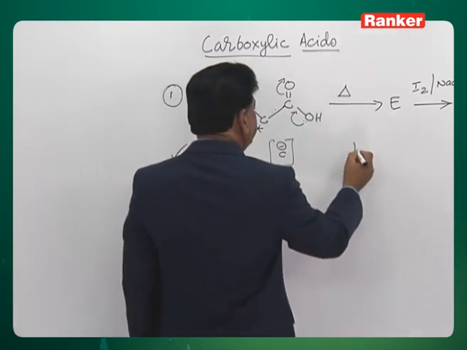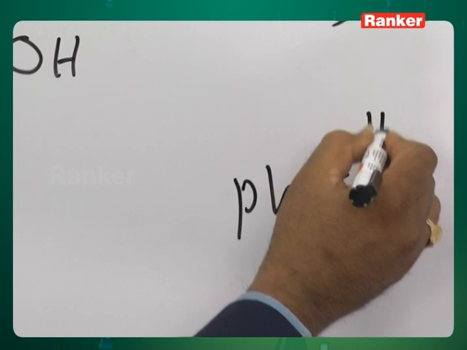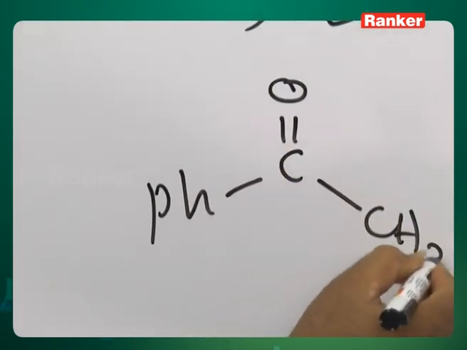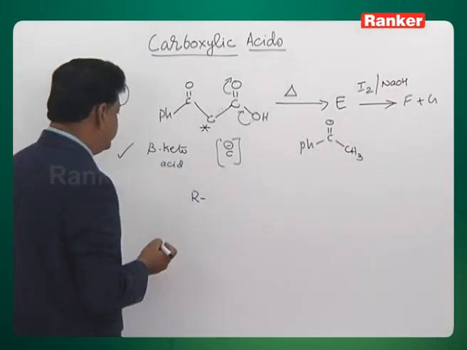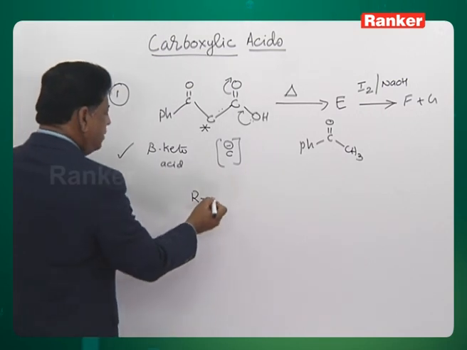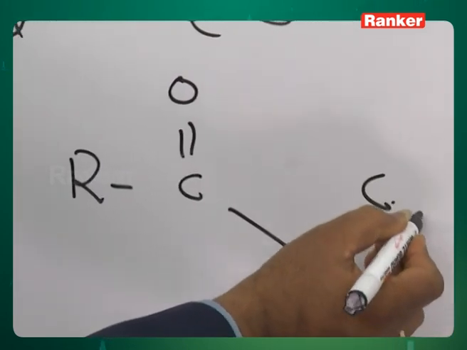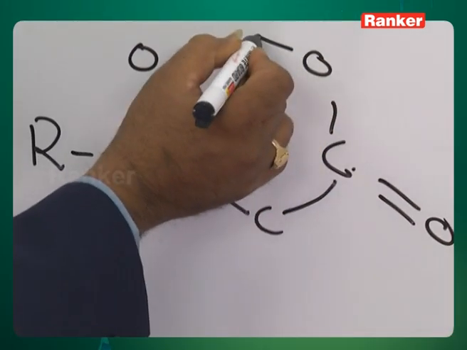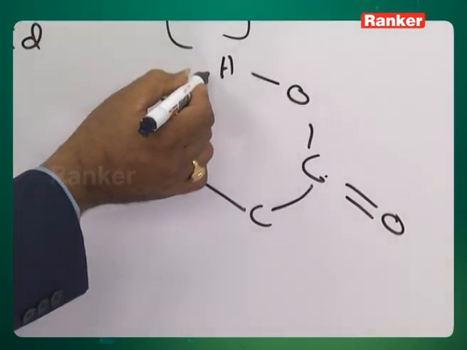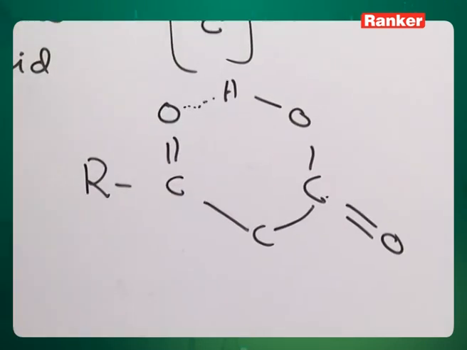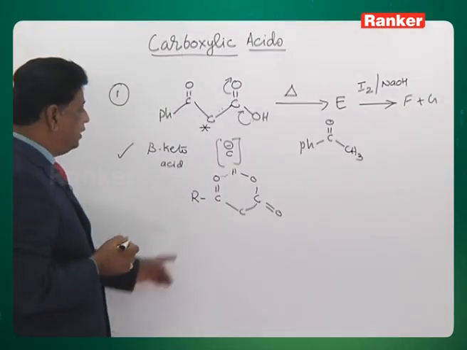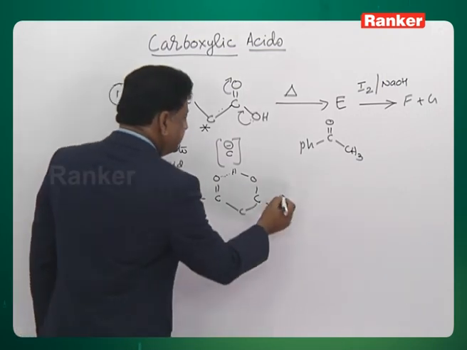The E will be the phenyl with C double bond O and the CH3. The formation of this can also be explained in another way. If a beta keto acid is there like this, there is a 6-membered ring formation. Once in an IIT exam it was also asked, explain how the beta keto acids undergo easy decarboxylation.